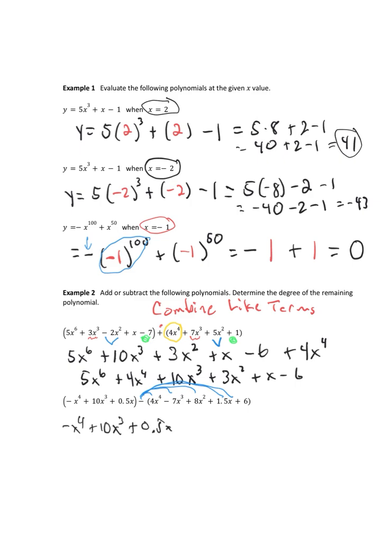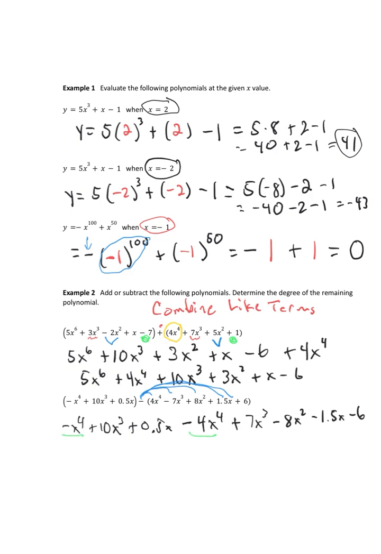But now that negative gets distributed, so minus 4x to the 4th, then minus the negative would be plus 7x cubed, then minus 8x squared minus 1.5x and minus 6. So notice the sign changes on each of those.